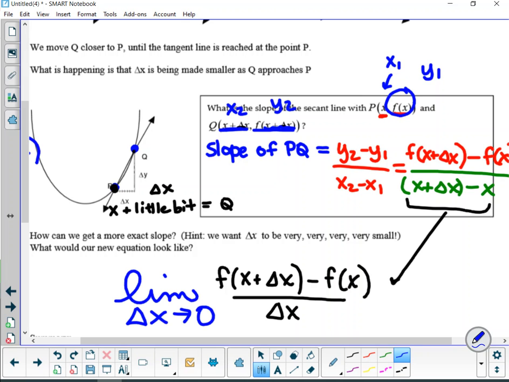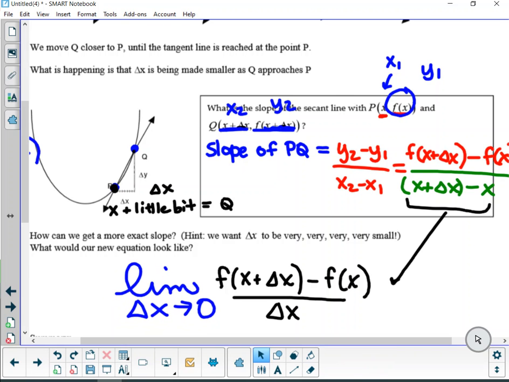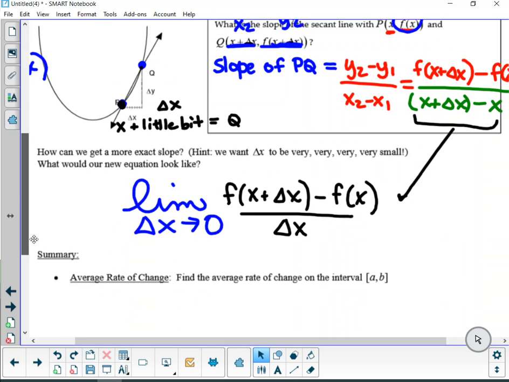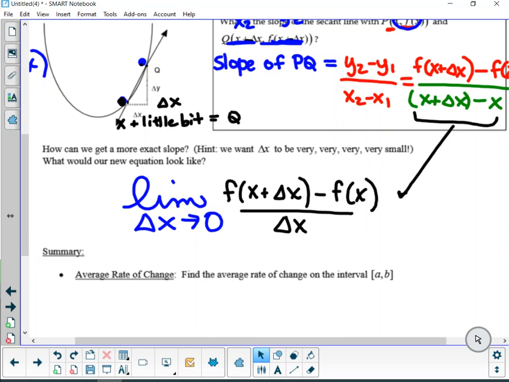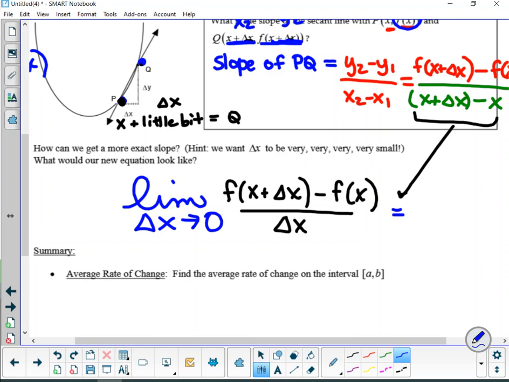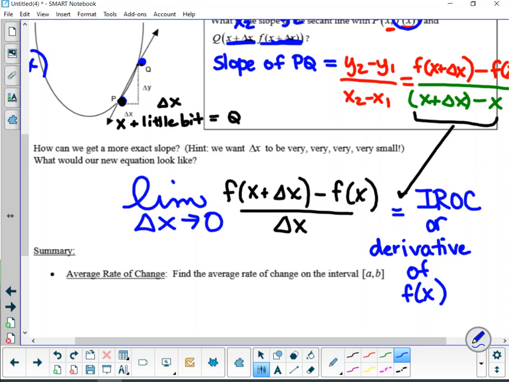If I take the limit as delta x approaches 0 of this structure, for this function, this limit is going to calculate the instantaneous rate of change, otherwise known as the derivative, of f of x.